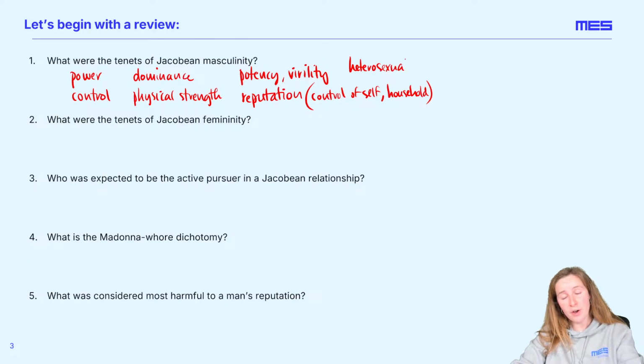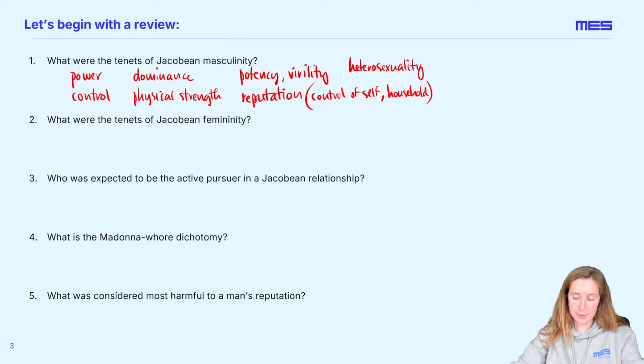Not to say that we can't read any of these characters through a queer lens, because we absolutely can. There is lots of basis for criticism analysing Iago and Othello as well in terms of their sexual jealousy for each other, or for Cassio as well.